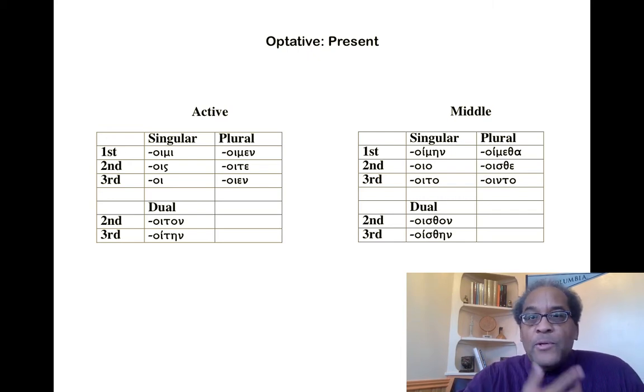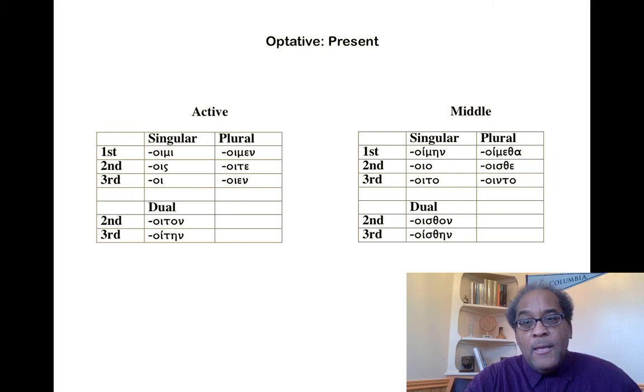So if we were to take the present stem lu, our optative of the present would be luoimi, luois, luoi, luoimen, luoite, luoien. And then in the middle, luoimen, luoio, luoito, luoimetha, luoisthe, luointo.